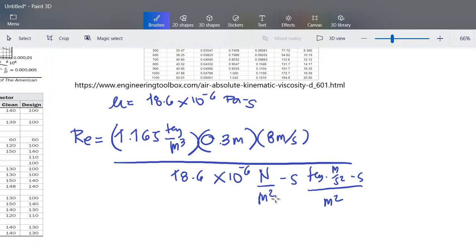So to break down, we cancel out common units: Newton, nothing common, and meter, so this will be cancelled out. Seconds will be cancelled out, and square meter will also cancel out.